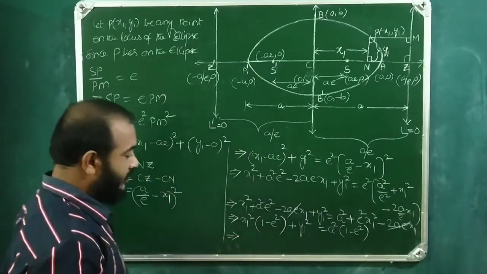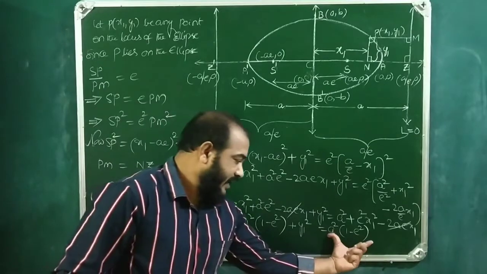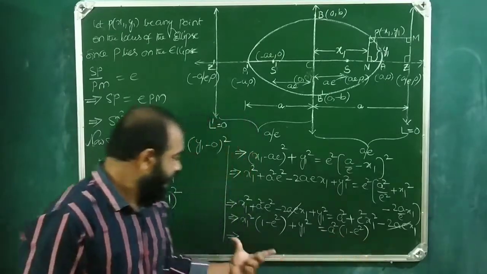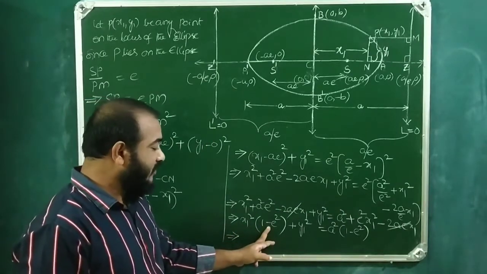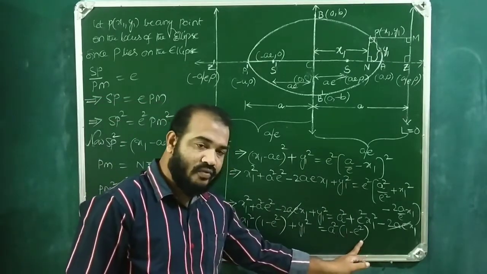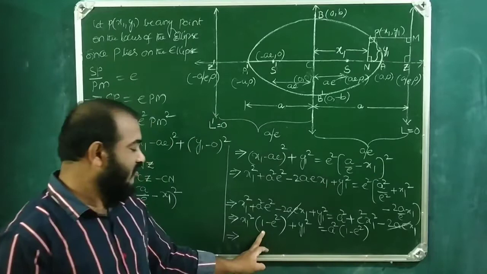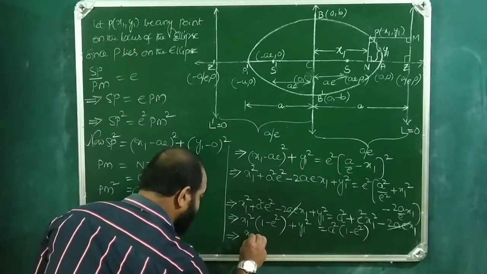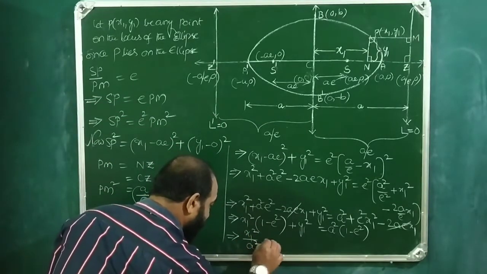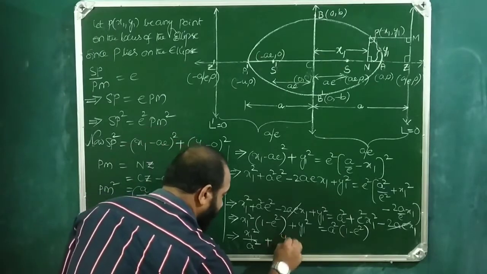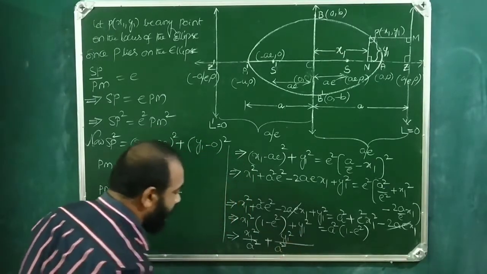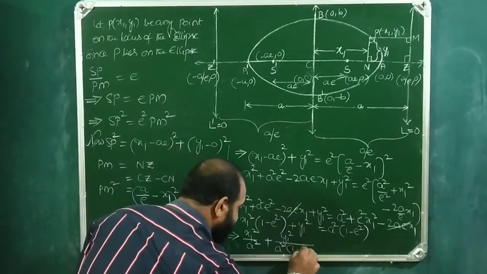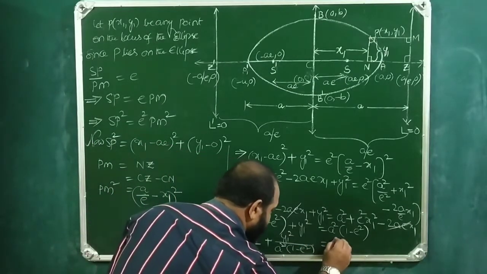From this, divide a square into 1 minus e square on both the sides. Then we get x1 square into 1 minus e square by a square into 1 minus e square, the 1 minus e square gets cancelled, and we are left with x1 square by a square plus y1 square by a square into 1 minus e square equals 1.